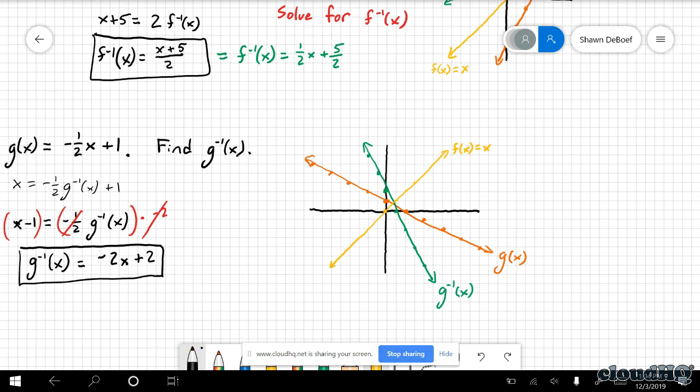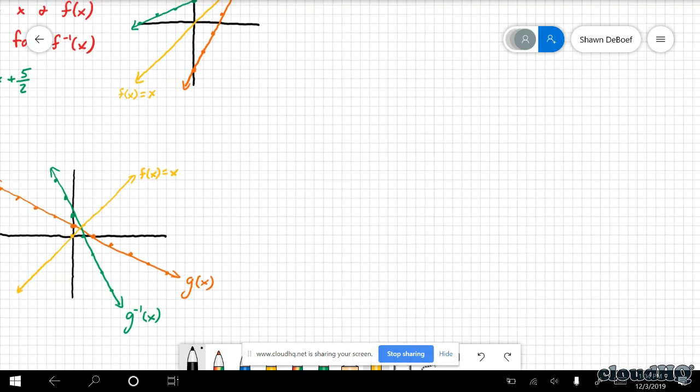With that knowledge, let's think about just some unrelated problem for just a moment. This is just a sketch. I'm not worried about being terribly accurate, but if I had that graph and I wanted to do its inverse, what could you tell me about what the inverse would look like?